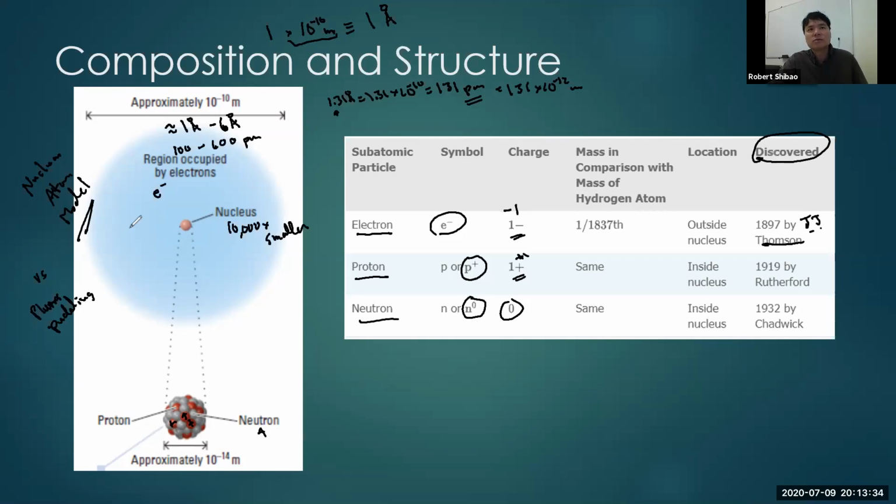The protons, electrons and neutrons were dispersed through there. But it turned out the plum pudding model failed because there were some observations that couldn't be explained by it. The proton was discovered by Rutherford, and the neutron was discovered by Chadwick, but you don't need to know this here. It's not that important.